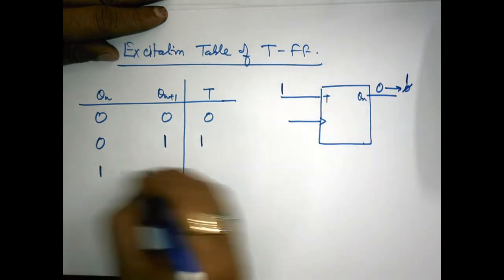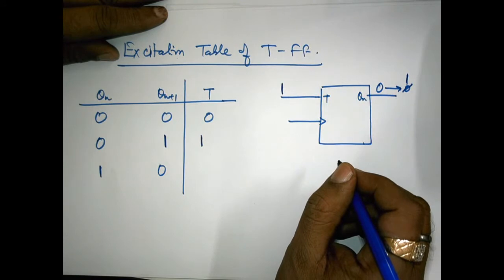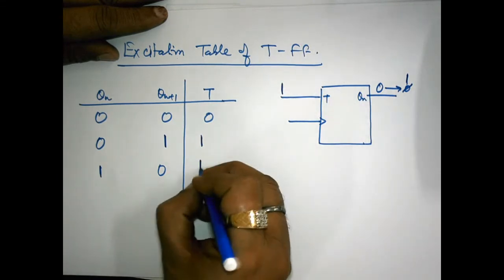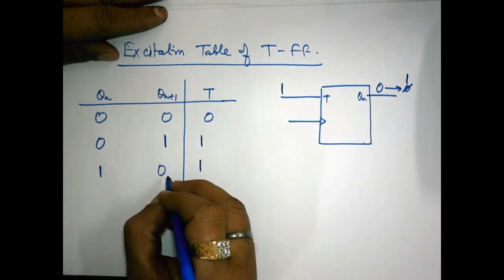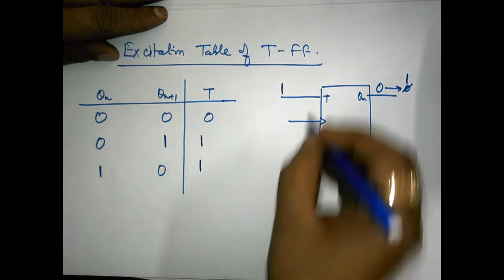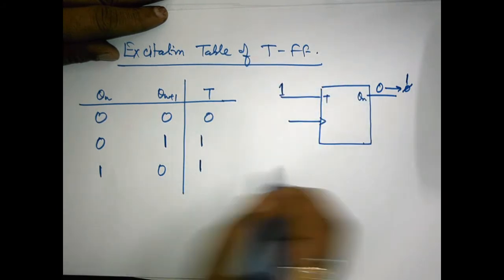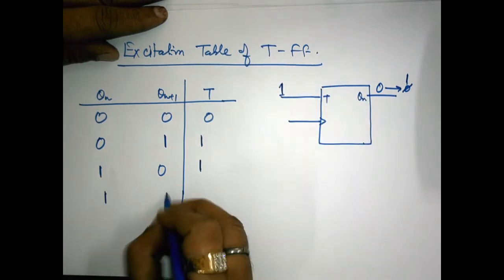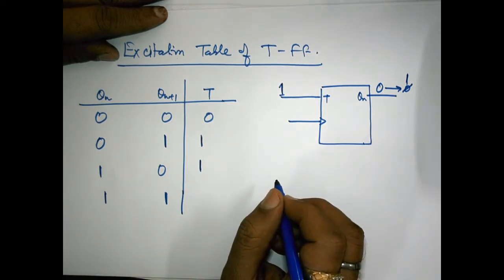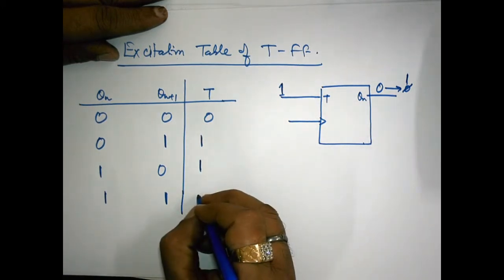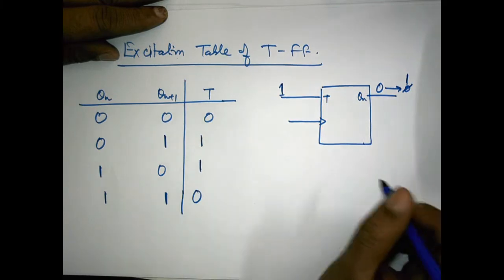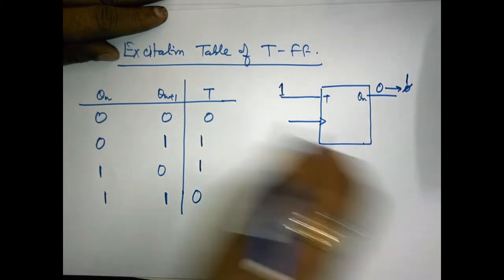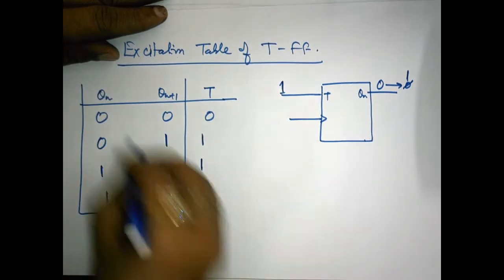If it is 1 and we are willing to make it 0, this is a toggle situation, we have to change the output state, so we need to apply 1. And if it is 1 and we are willing to make it 1 in the next state, what should be applied? 0. So this is the excitation table of T flip flop.